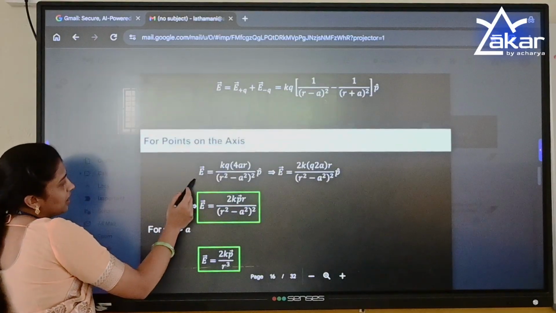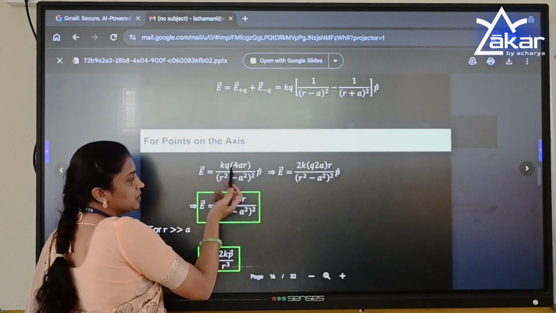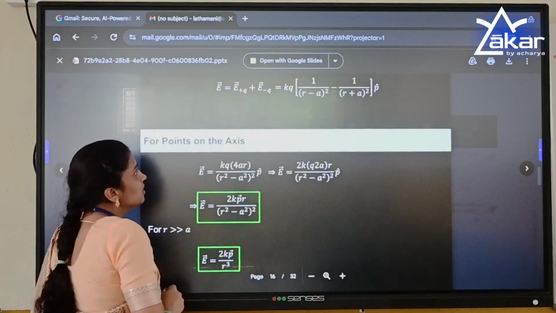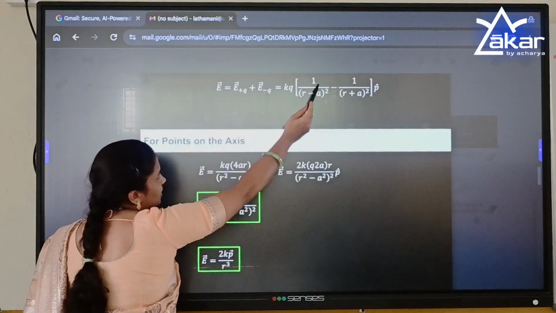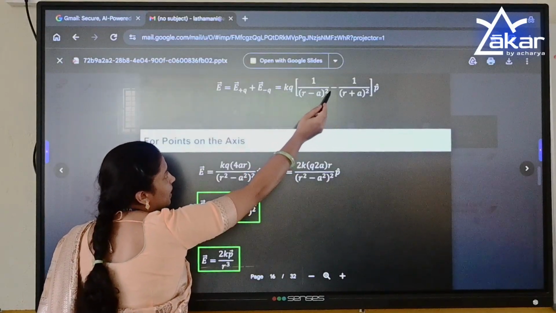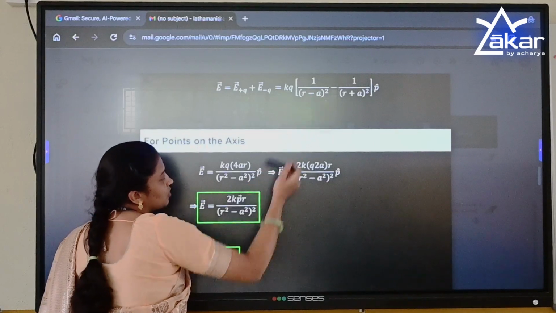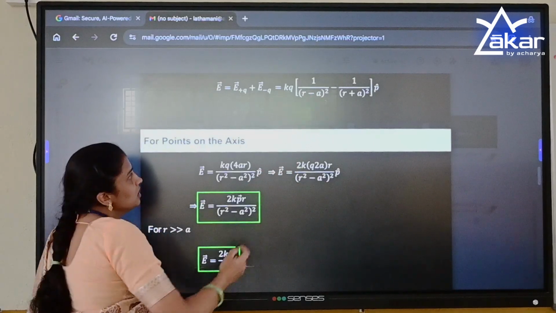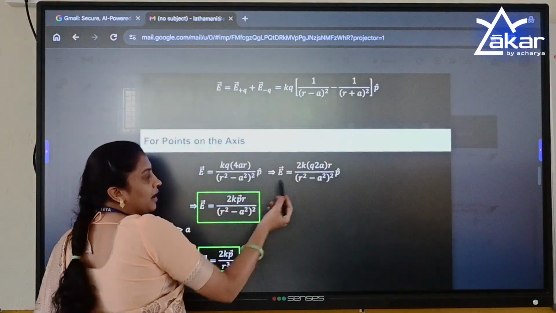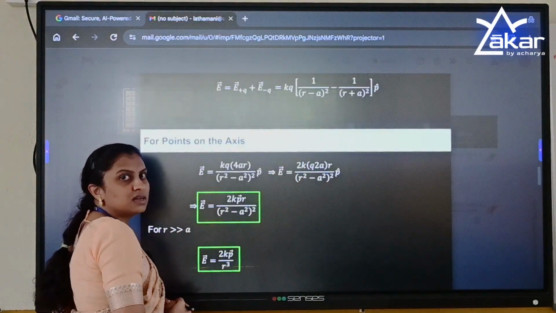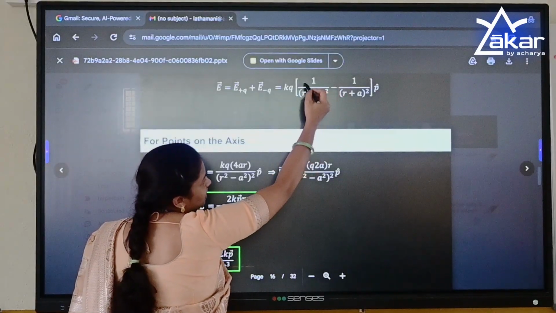Then E vector is equal to KQ, K means 1 by 4 pi epsilon naught, that is common. Then cross multiply: (R plus A) whole square minus (R minus A) whole square, divided by (R minus A) whole square into (R plus A) whole square. And (R minus A) into (R plus A), whole square, is (R square minus A square) whole square. That is the formula.